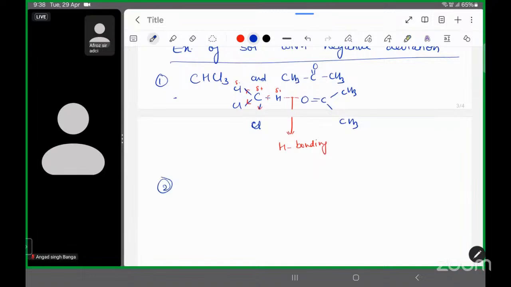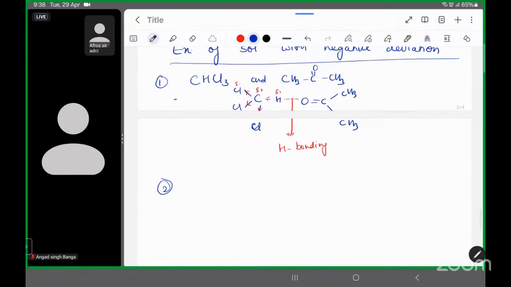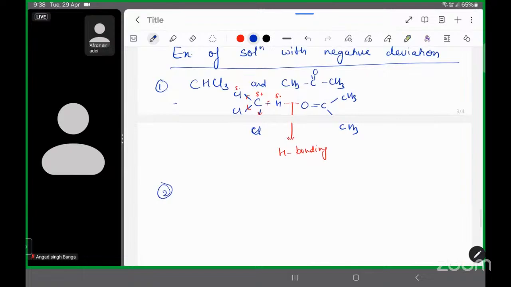Another example: how will you identify a negative deviation example? Wherever you find something like a hydrogen bonding type interaction between solute and solvent, that is an example of negative deviation. Another example is nitric acid and water, where a hydrogen bond develops between nitrogen and oxygen.